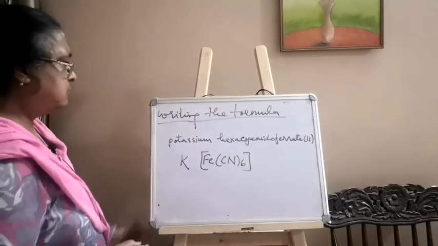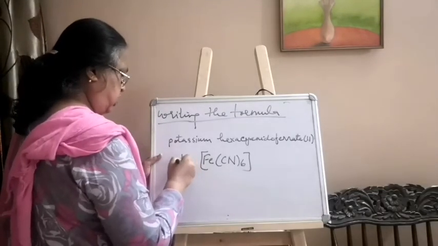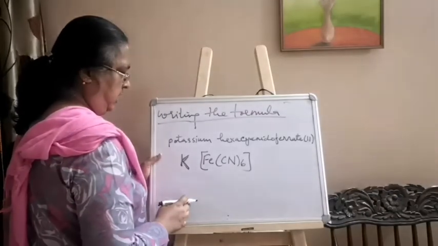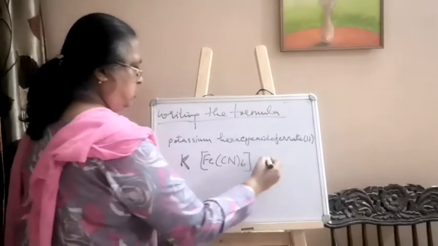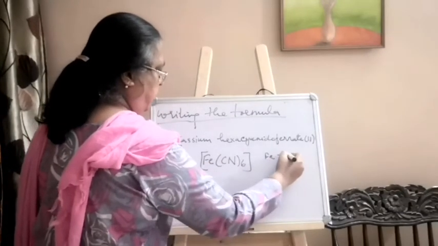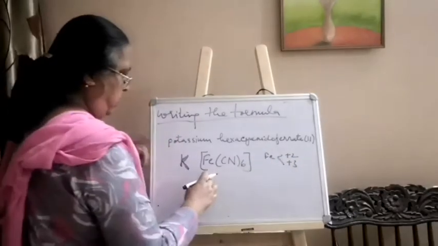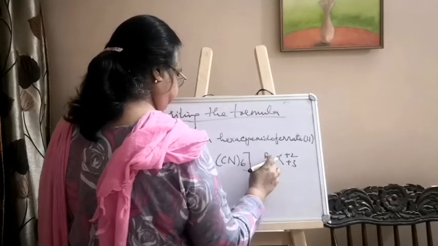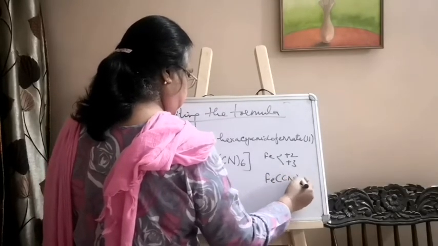Now you should know what is the charge on it. So the charge calculation I have told you already. That is oxidation state of iron is +2 and +3. So which one out of the two it will be, you can decide. That is what iron is if you take here Fe(CN)6.